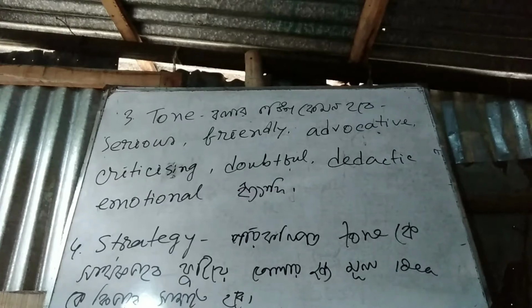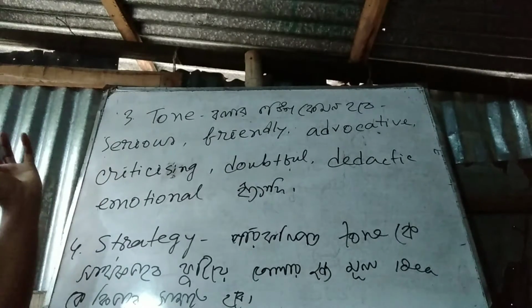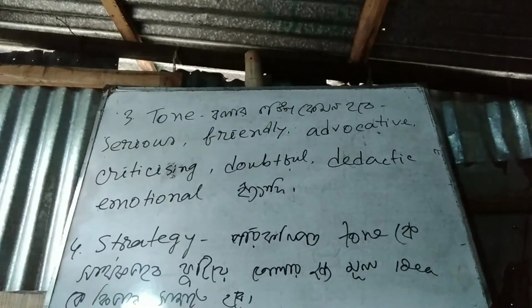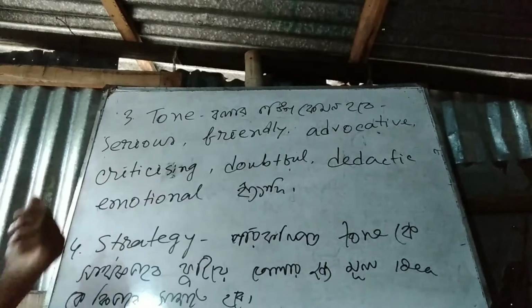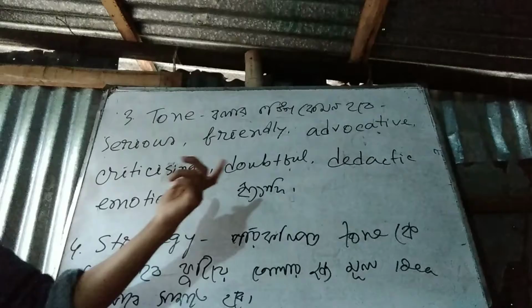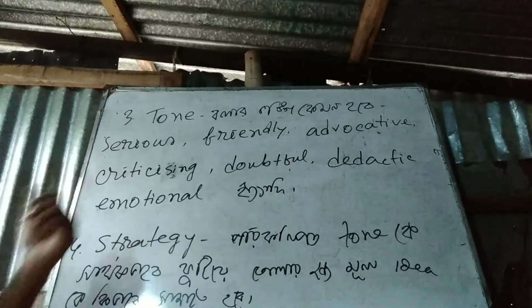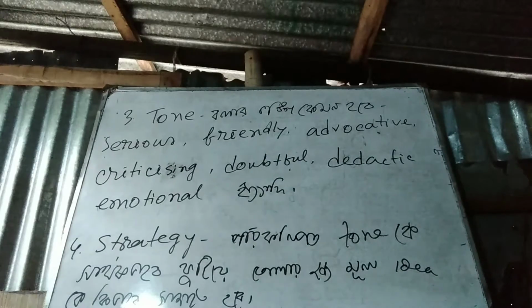There are different tones you can find when you write a paragraph. Some paragraphs are serious or grave, and some are friendly. Some are advocating, some are criticizing, some are doubtful, some are didactic, that means educational, and some are emotional.